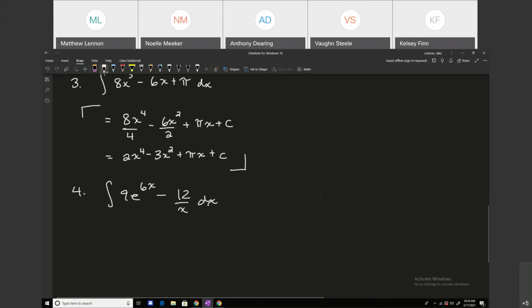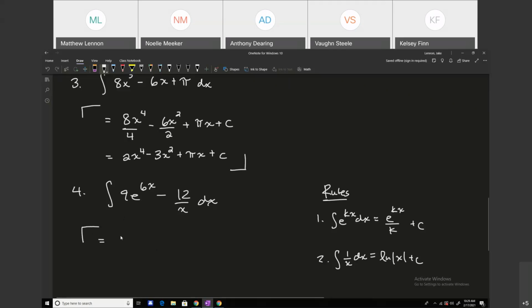So remember the integration rules. For the exponential, the e to the kx rule just becomes e to the kx divided by k. Then I have plus a constant for all these, but in general, if it's indefinite, you need to add that plus c. And then the other one is the integral of 1 over x dx is the natural log of the absolute value of x plus a constant. So we just have each one of those rules here.